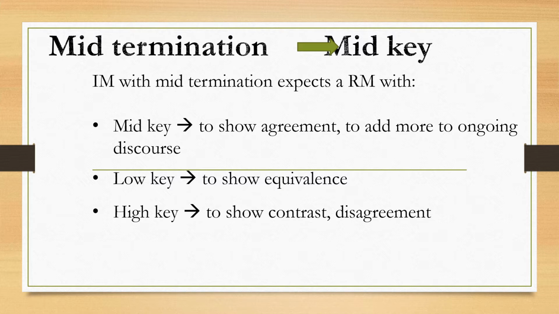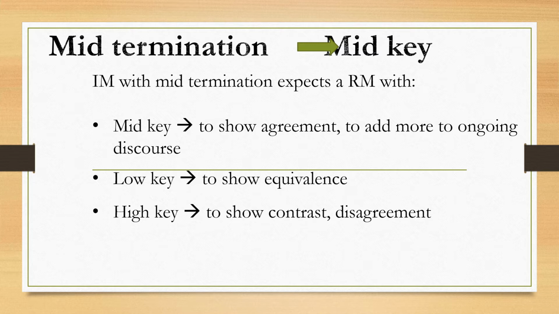Or it may happen that the second speaker may choose to produce the initial tone unit with a low key, so there is no pitch concord there, but still there is a semantic type of relationship, because speaker B is stating that the information is actually equivalent to what speaker A is producing.